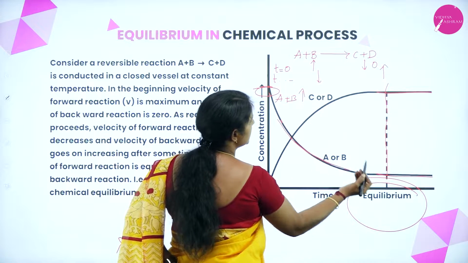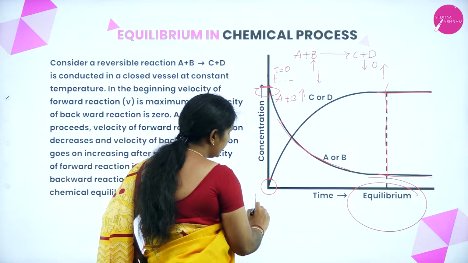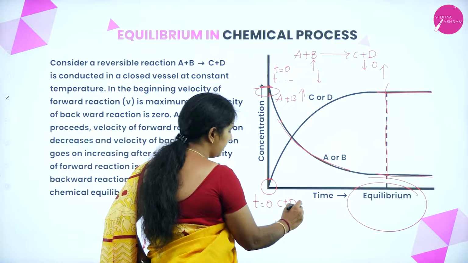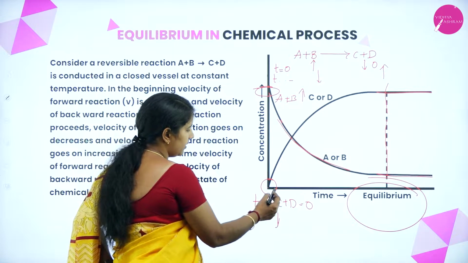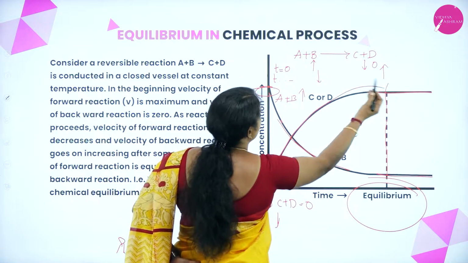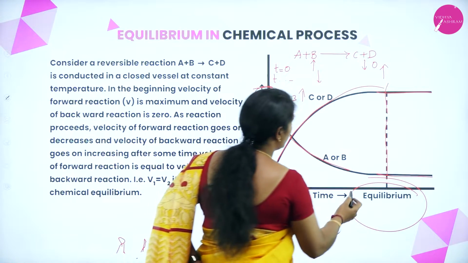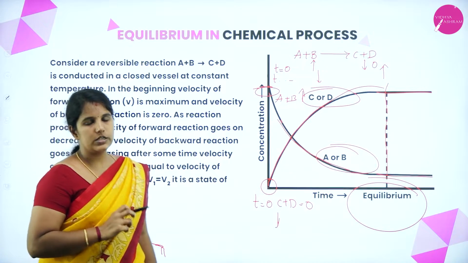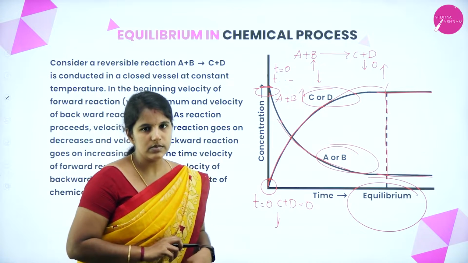As time passes, it decreases. Similarly, for the product, at time 0, the concentration of C plus D will be completely 0, and as time passes, it starts increasing. At a particular point, the rate of concentration change of the reactant will be equal to that of the product. Hence, such a state is known as the equilibrium state.